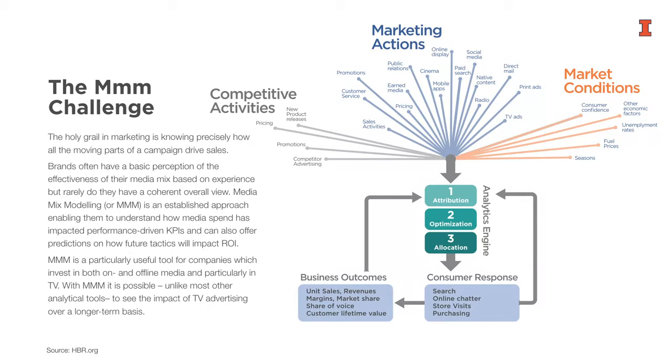And the MMM seeks to cut across all of the marketing that a brand is doing. It also then takes into effect all the seasonal influences, all the word of mouth, all the other things that might drive a consumer purchase decision. So you can imagine these models are large, they're complex, they're dealing with a tremendous amount of data.